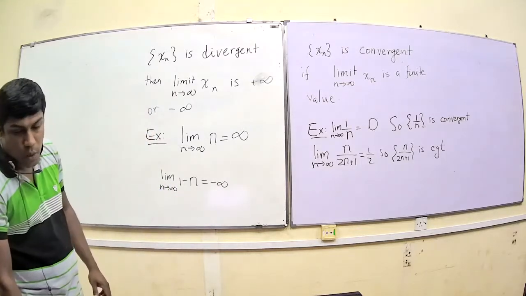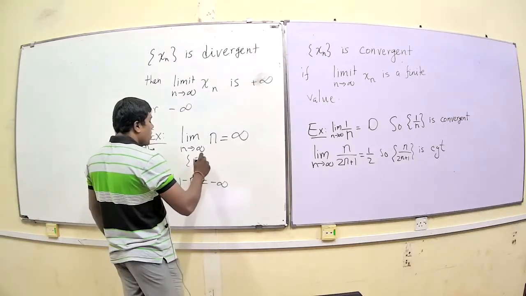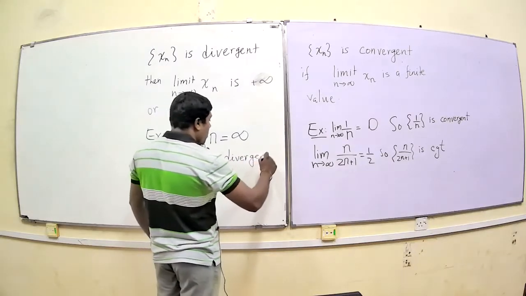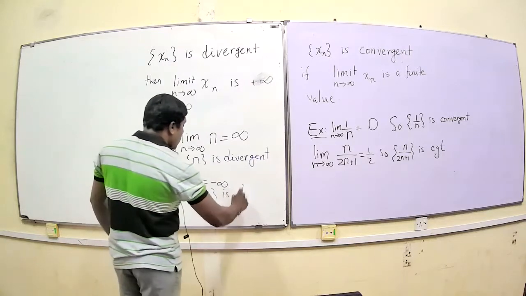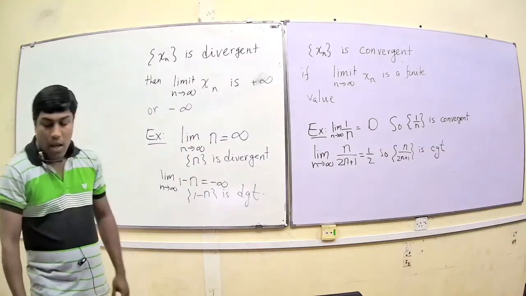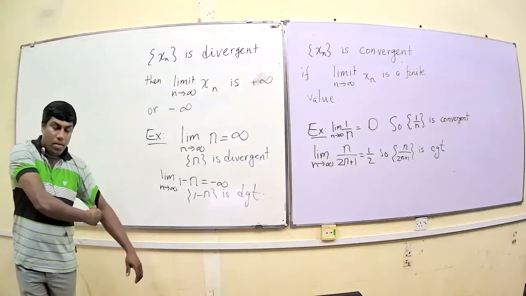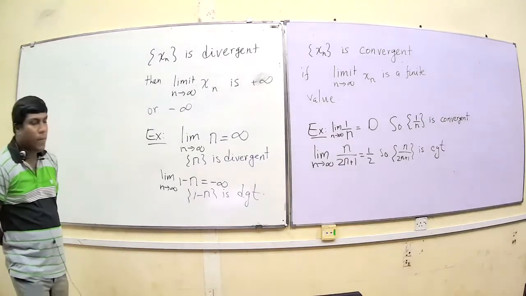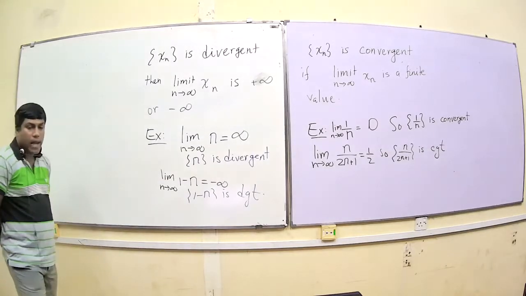So clearly these sequences, with minus infinity and plus infinity, the sequence n is divergent, and here also the sequence 1 minus n is divergent. DGT is again the abbreviation we will use to denote divergent. So these are two important properties of sequences: one is convergent, the other one is divergent.